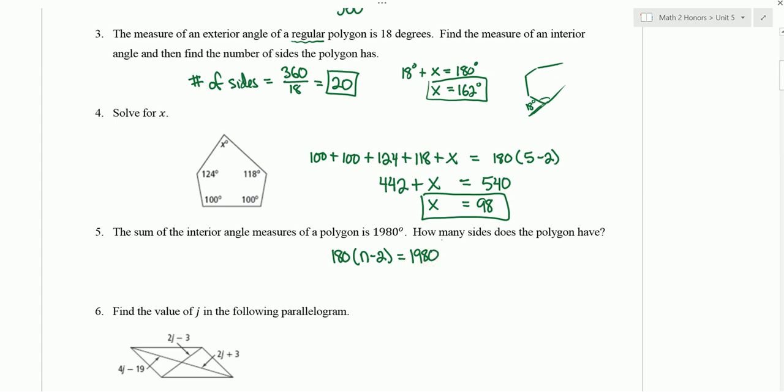And then we're going to solve for n. I'm going to first divide by 180. And so n minus 2 is 1980 divided by 180, which is 11. And then if you have n minus 2 is 11, you add 2 to both sides and you get n is 13. So we have 13 sides.